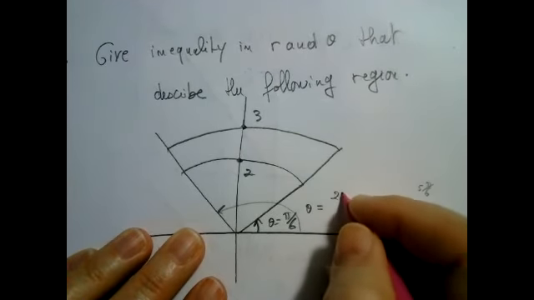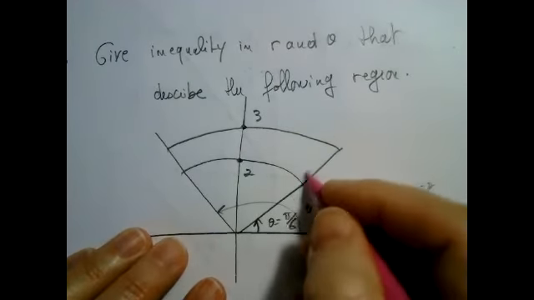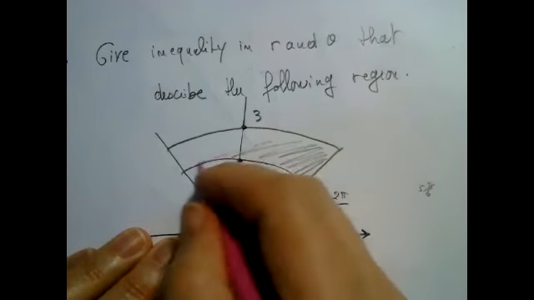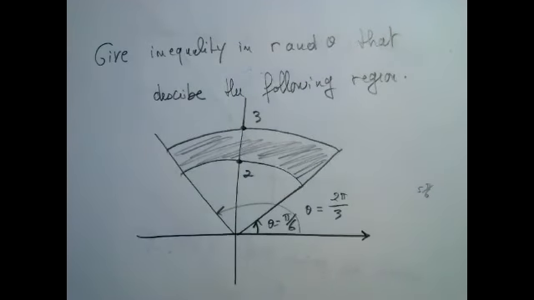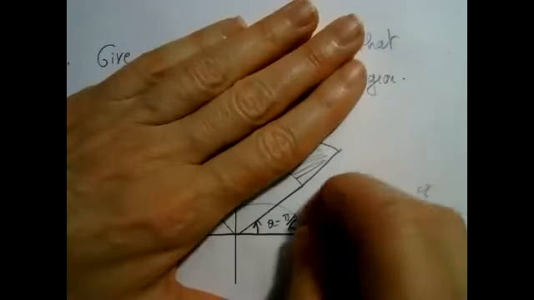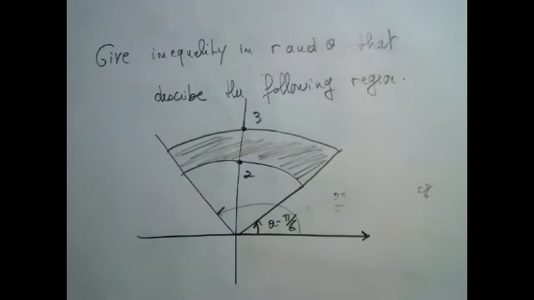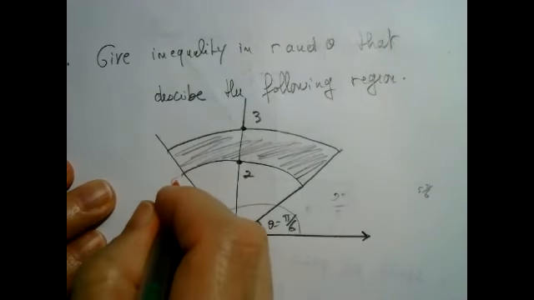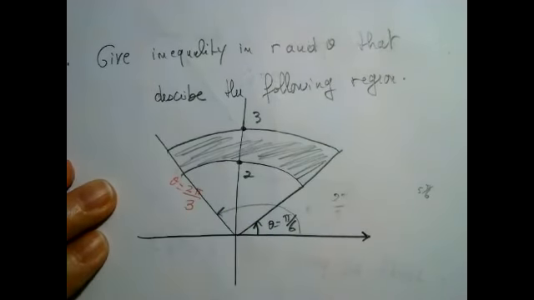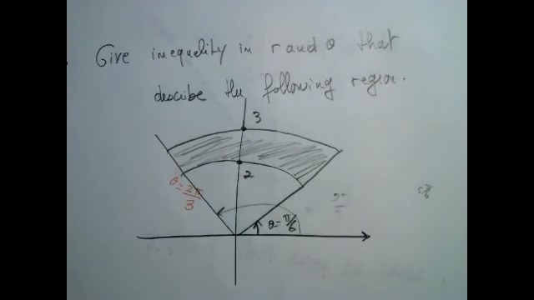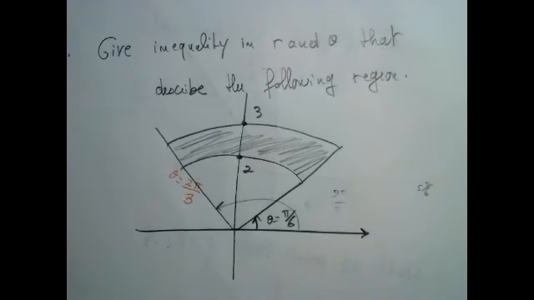Whatever, something like 2 pi over 3. Okay, so that's my region. Sorry, I think this angle is not very clear. So this is theta equal to pi over 3. Okay, I want you to give me an inequality based on what I did a minute ago to describe the following region.